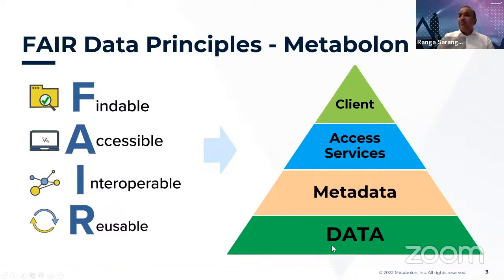Our fuel or currency is the high quality data that we generate. And upon that, we also have a sizable metadata that we acquire from our potential clients so that we are able to connect those dots between the metadata and the metabolomic data that is being generated.